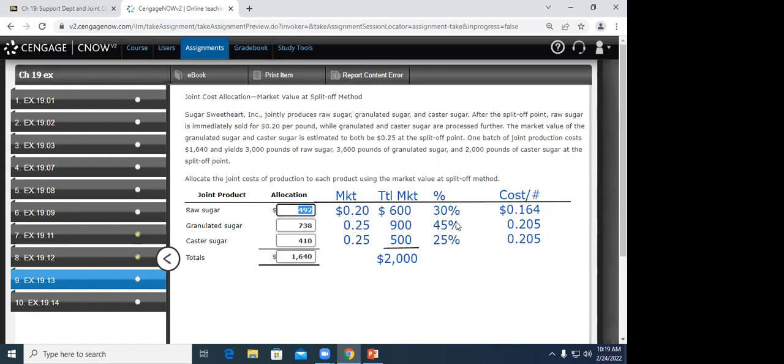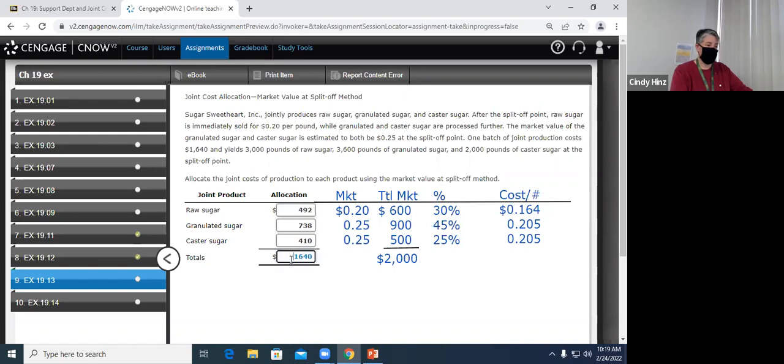For granulated sugar, it would be 45% of the total value, so we're going to give it 45% of the total cost. And castor sugar, 25% of the total value, so we're giving it 25% of the total cost. 25% of 1640 is the 410 that we have here.